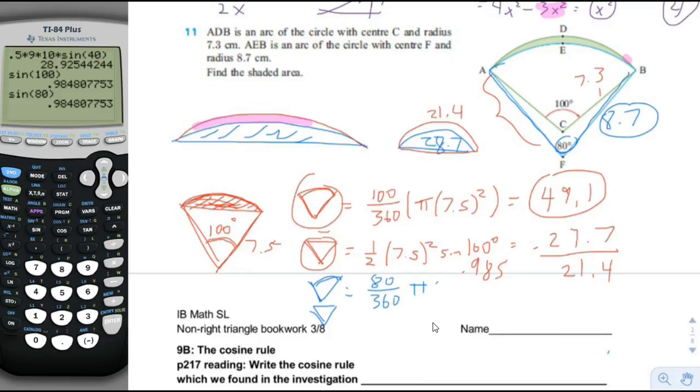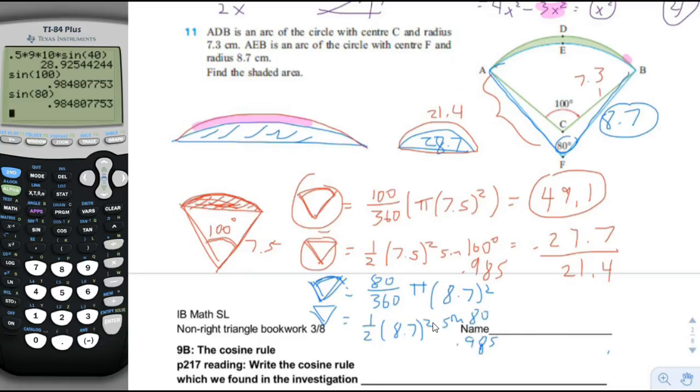That's going to give me the pizza slice shaped region. And the triangle shaped region I get by doing 1/2 times 8.7 squared times the sine of 80. And the sine of 80 is also 0.985 because those angles are mirror images of each other.